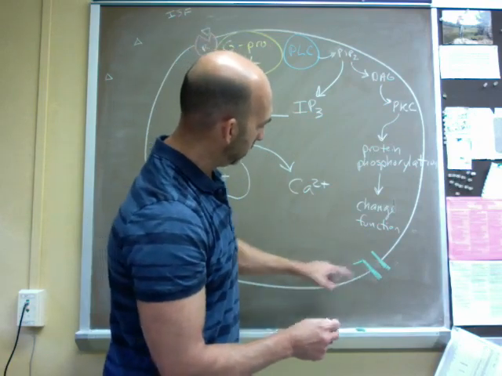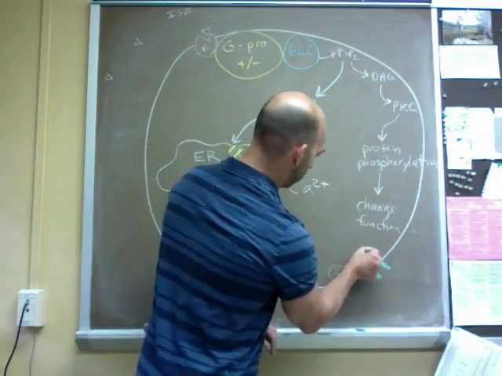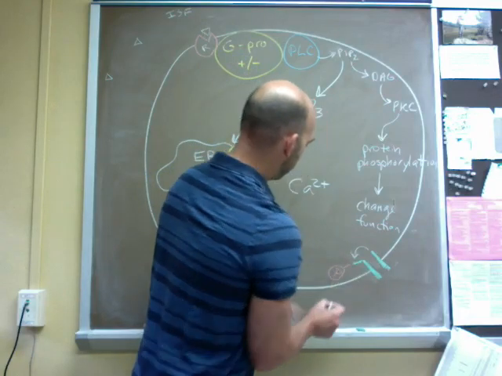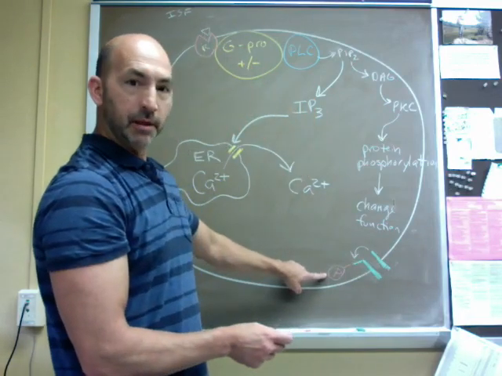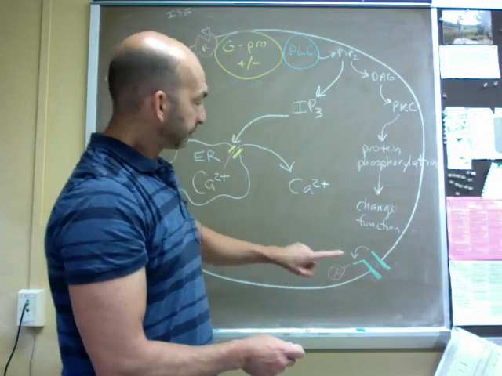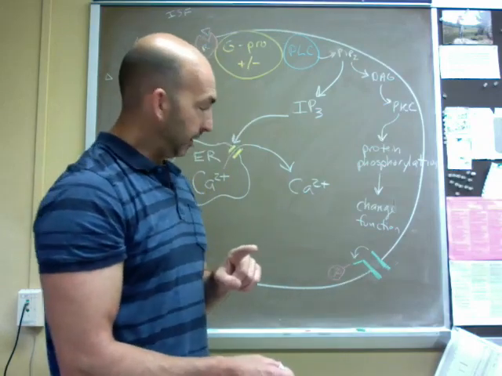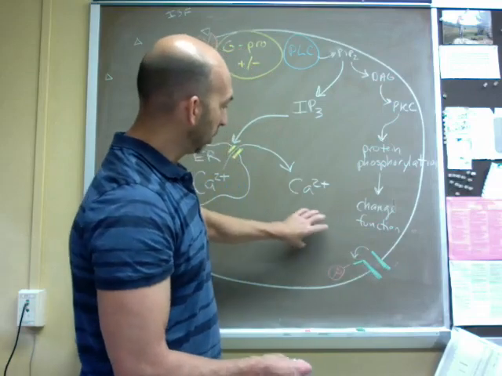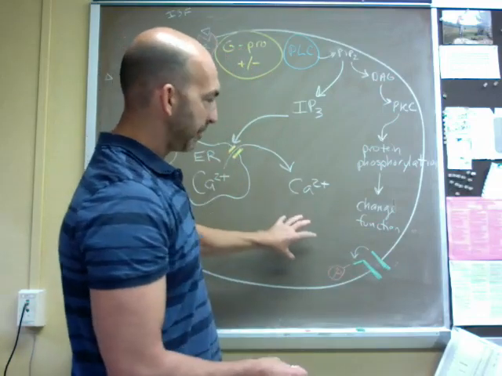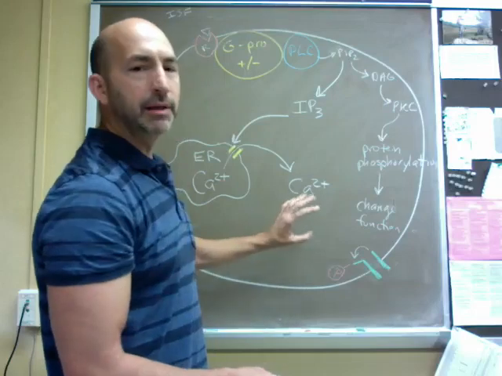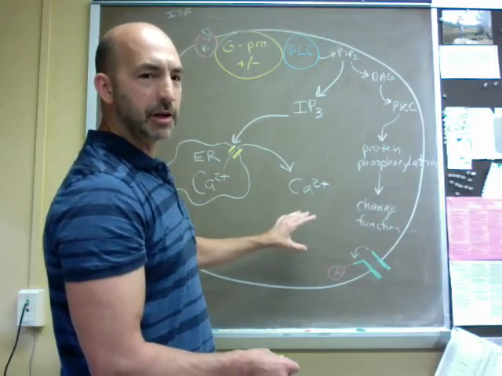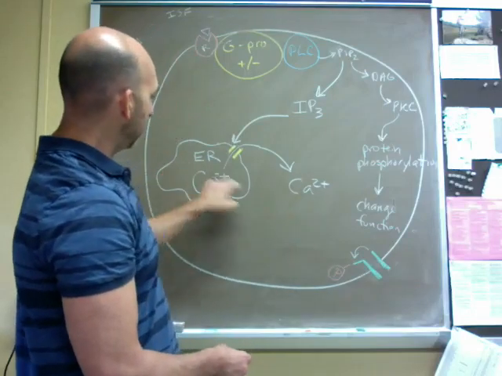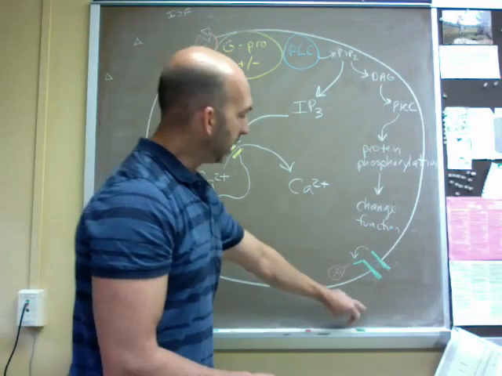There's the gate on it, and that gate swung open once it became phosphorylated. Now guess what? You have to remember we have high extracellular calcium levels and low cytoplasmic levels. Yes, we're letting some out here, but remember it's a 10 to 20,000 fold difference in concentration of calcium between outside and inside the cytoplasm. The same is true here.